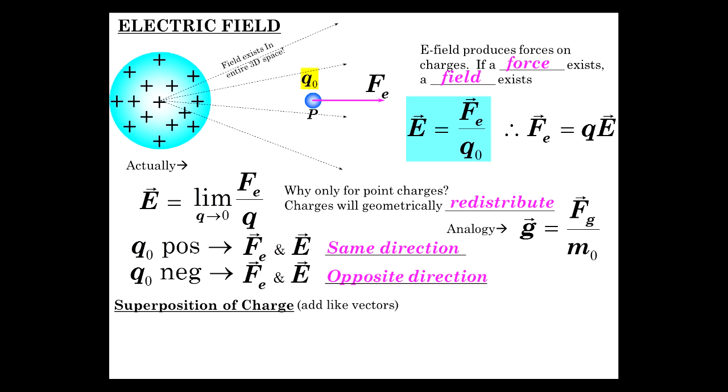Superposition of charge is just a simple vector consideration. Namely, here we have a negative charge. And over here is a positive charge. How do they interact with each other? Well, the positive charge pulls on the negative charge with the force F1, and equal and opposite, the negative on the positive. Let's put another charge here.